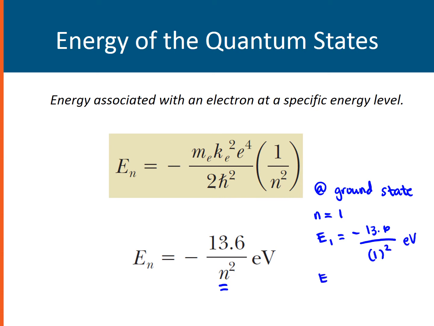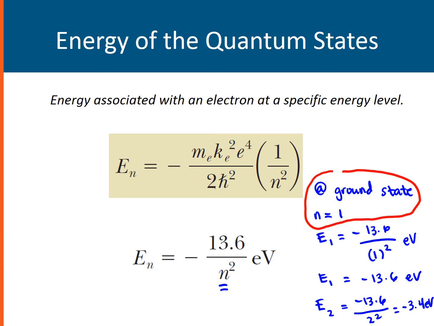So the ground state energy is equal to negative 13.6 electron volts. Consequently, the energy of the electron on the second energy level, we substitute n with 2, so we have negative 13.6 divided by 2 squared, and this would give us negative 3.4 electron volts. Once again, I would like to stress that when we talk about ground state, that means n is equal to 1.